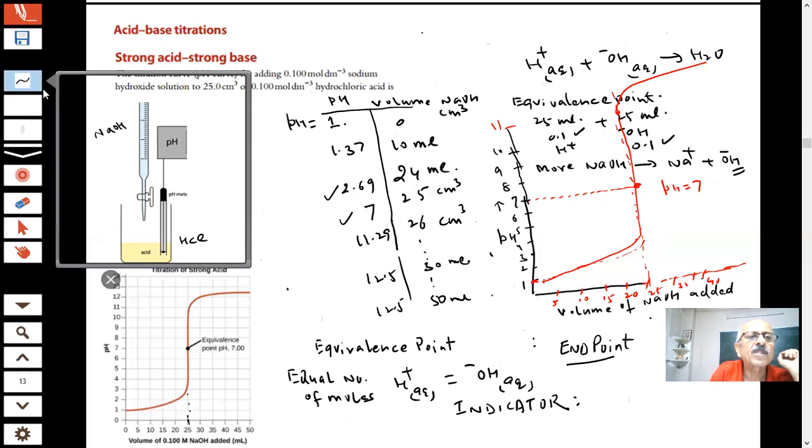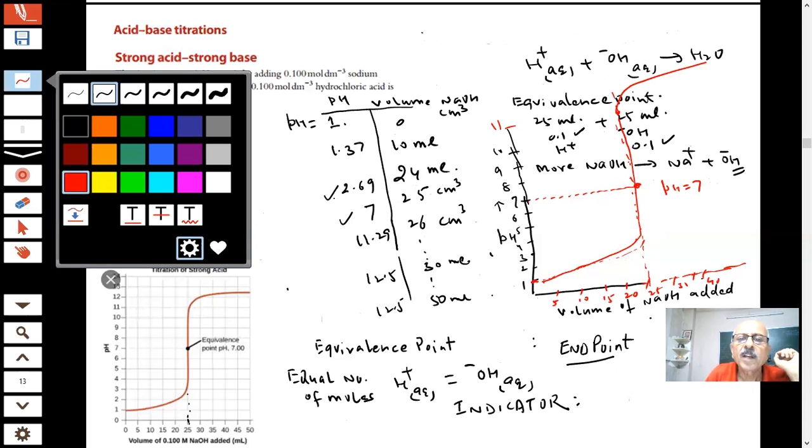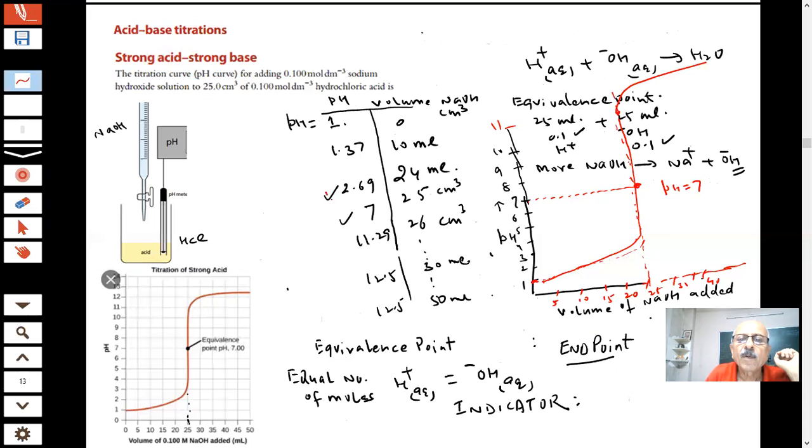The pH changes from 2.69 to 7, and then this is a region where the pH is changing very sharply, around 7 to 11.29. So we should have an indicator which changes its color in this range, in the range of the equivalence point.